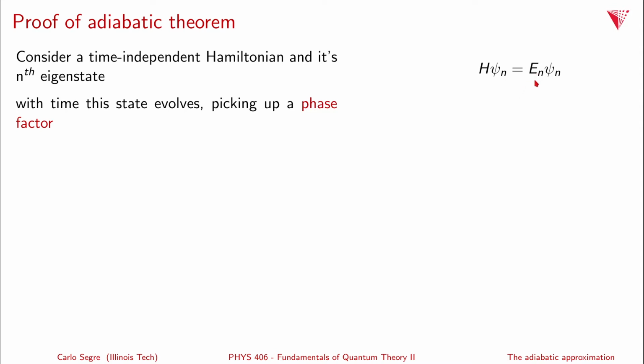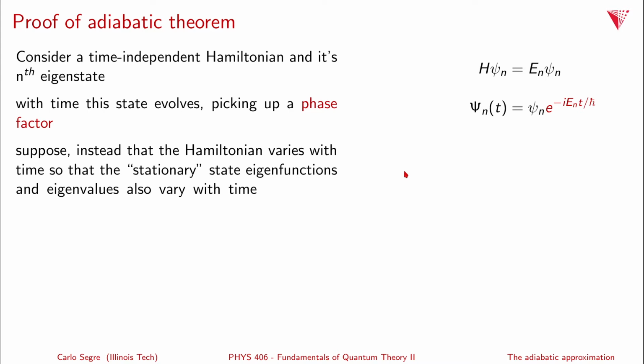We've assumed a solution e to the minus i E sub n t over h bar. And so the time-dependent wave function is equal to the stationary state times e to the minus i E sub n t over h bar. So as time goes on, there's a phase factor that gets picked up, which is E sub n t over h bar.